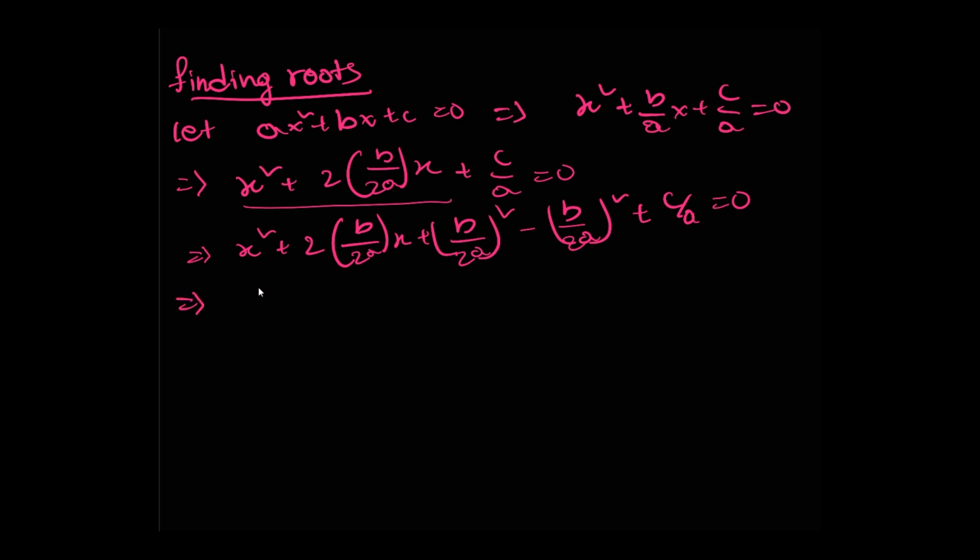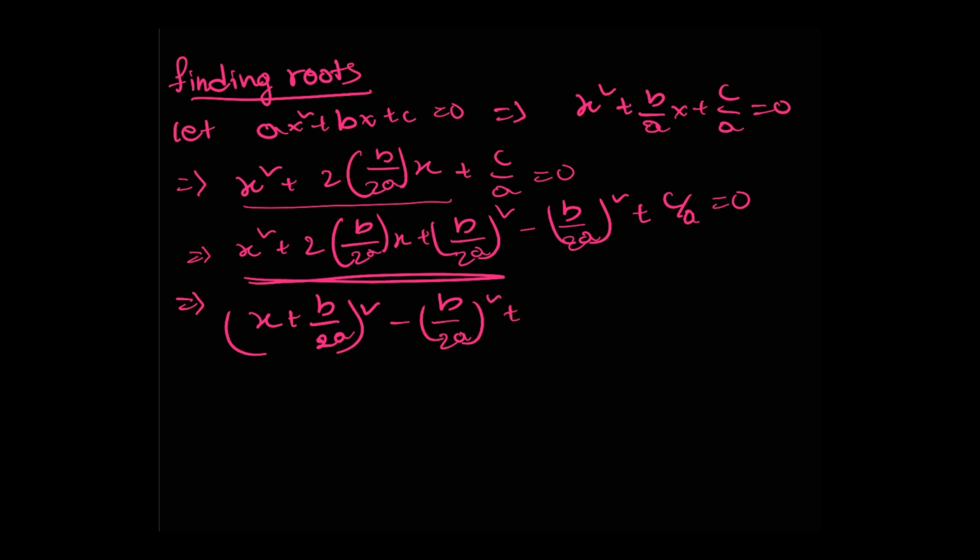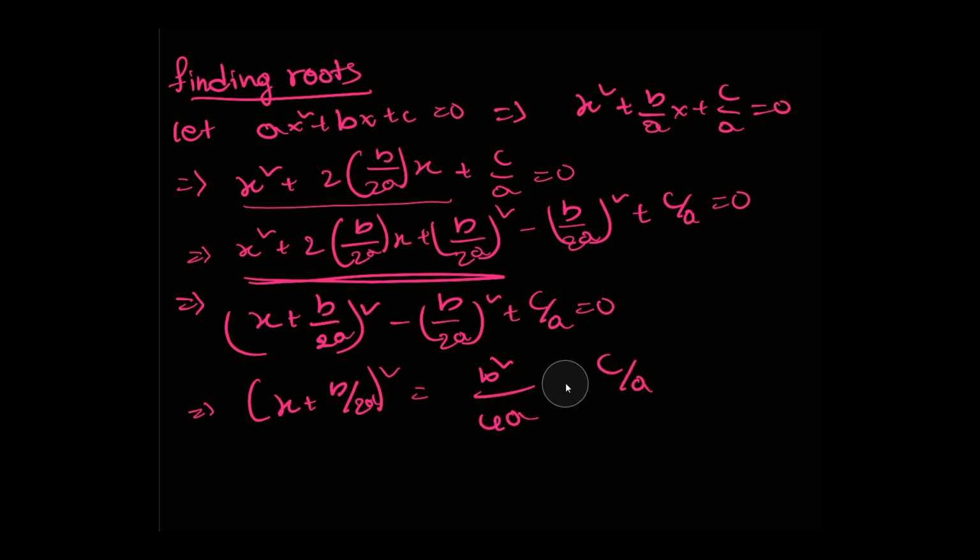Now, this whole can be written as a perfect square. x plus b by 2a whole square minus b by 2a whole square plus c by a equals to 0. That implies x plus b by 2a whole square can be written as b square by 4a square minus c by a.